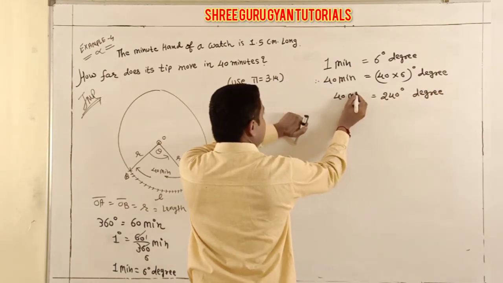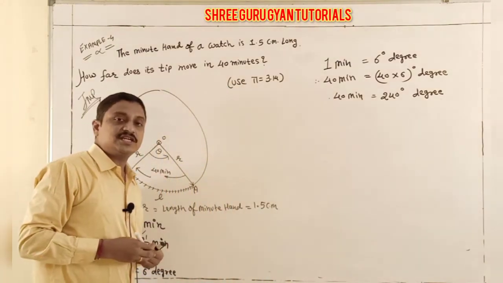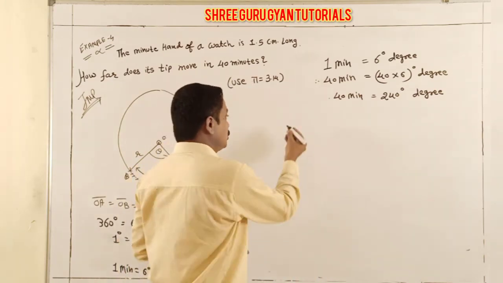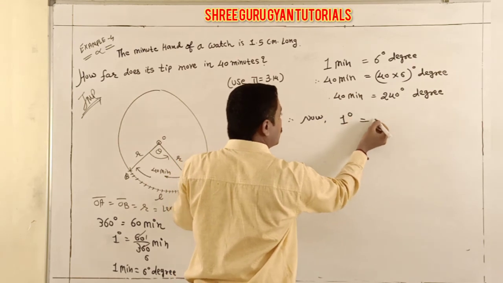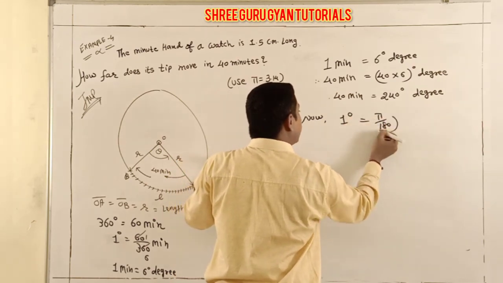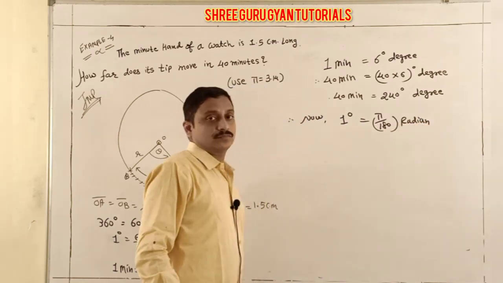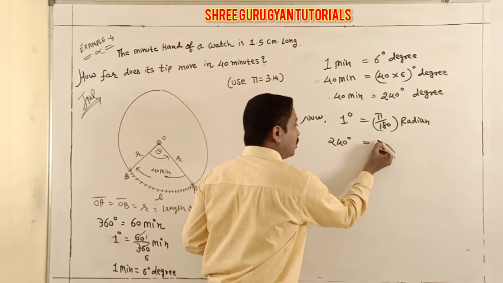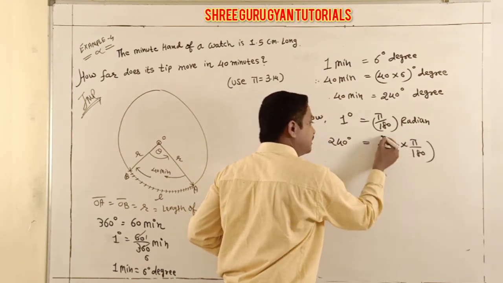Yes, it means this angle is covered, and this value is theta. Now students, I want theta in radian measure. So you calculate: 1 degree is equal to pi by 180 radian. That's why 240 degree is equal to 240 into pi by 180 radian.